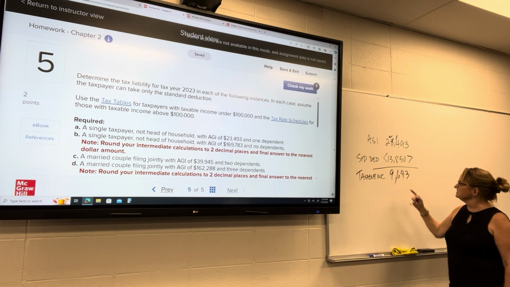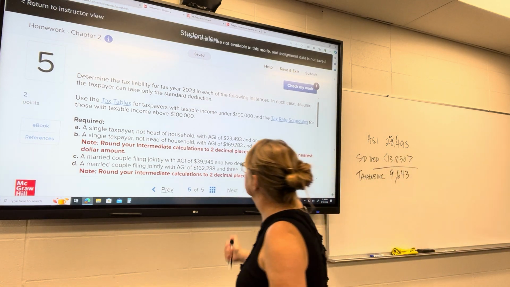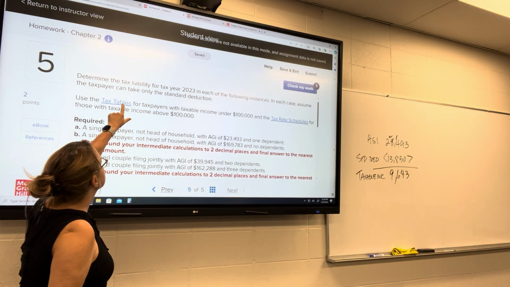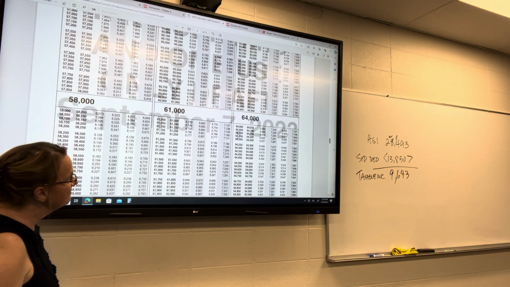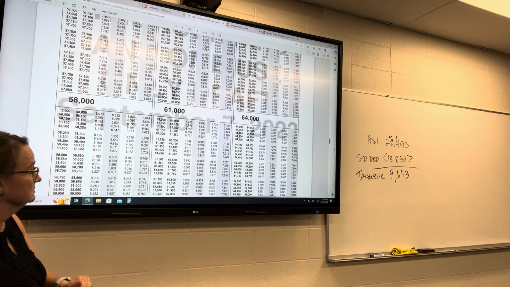Okay, so our taxable income is 9,643. This is well under $100,000, so we can use the tax tables based on filing status, which they told us is single.